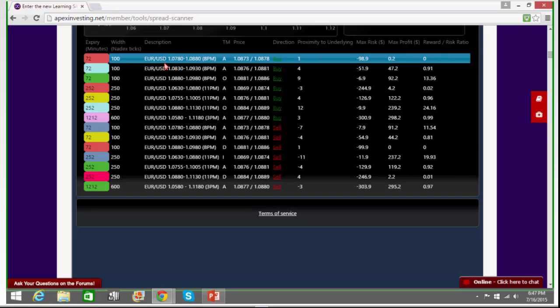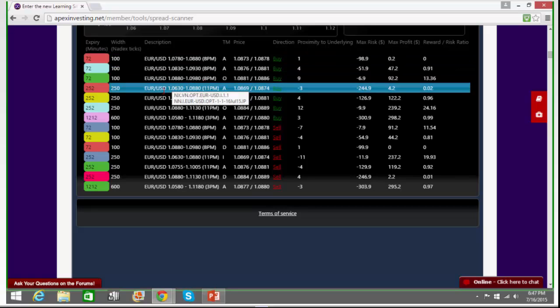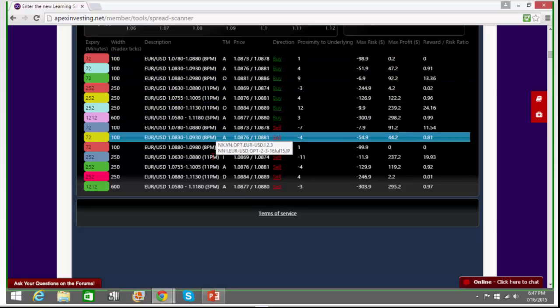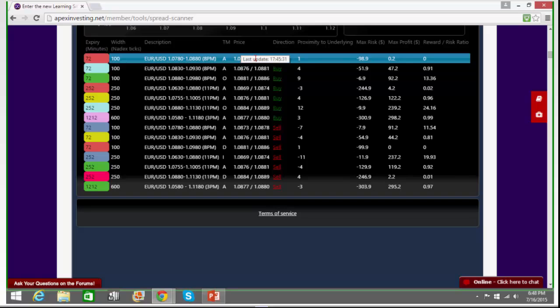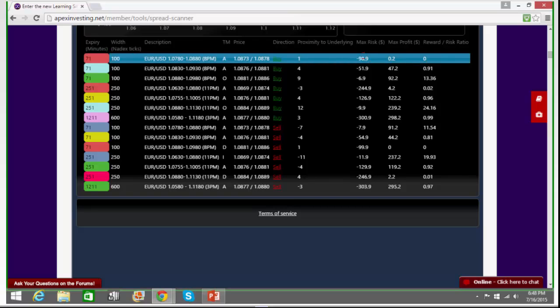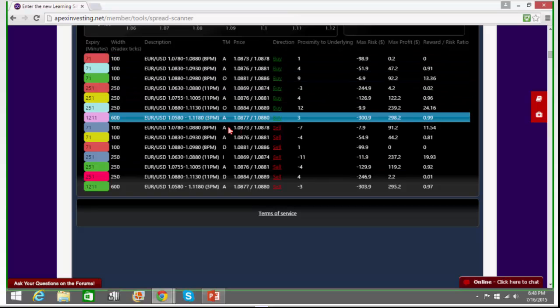This is all euro dollar because that's what I selected. The bottom number is the floor, the top one's the ceiling, right? When do they expire? 8 p.m., 11 p.m., 3 p.m. And then it shows you right away the price you can buy or sell them for, bid and offer. And right here, your max risk, your max profit, all on one page.